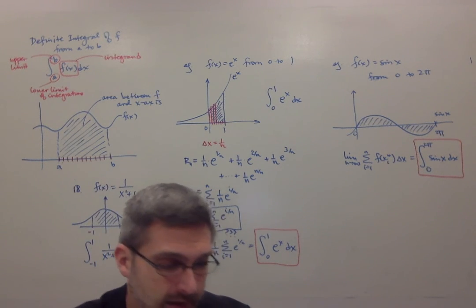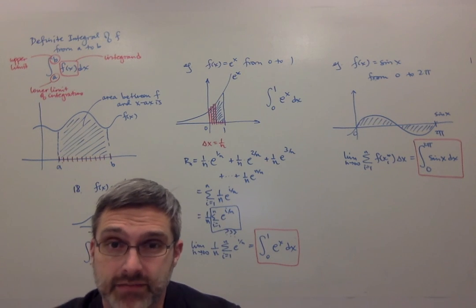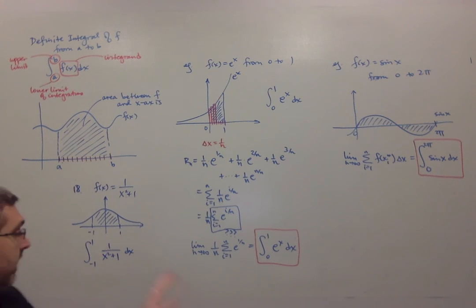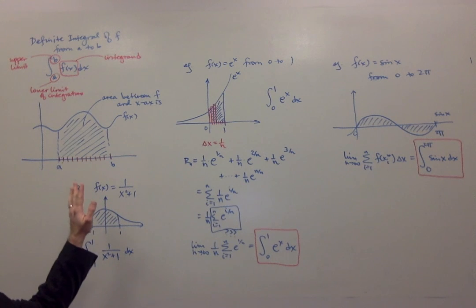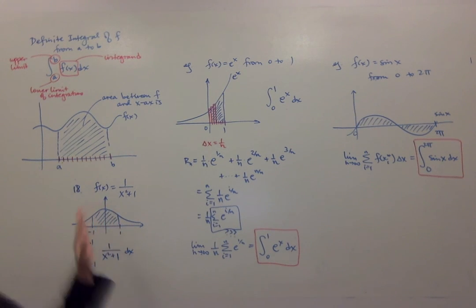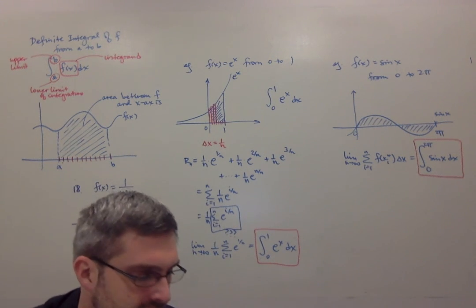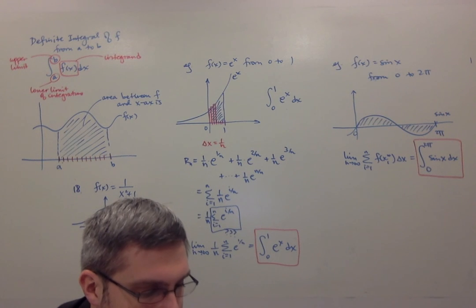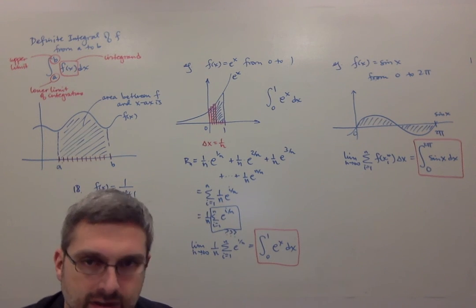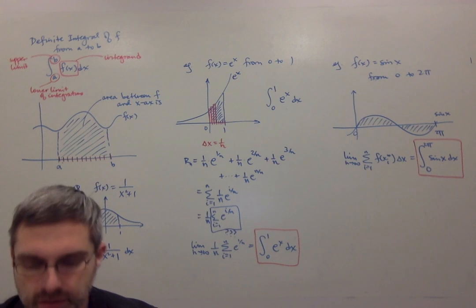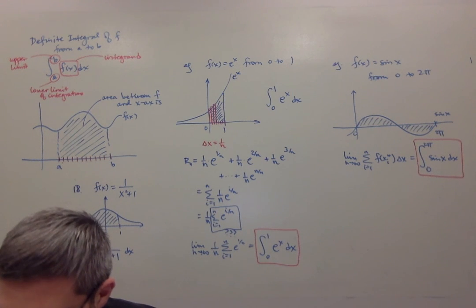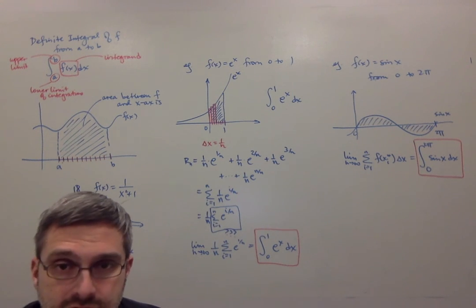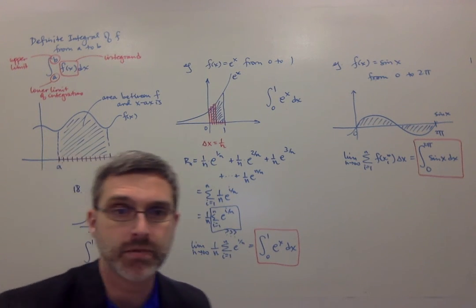It's not supposed to be super complicated. They're not asking here to graph it, cut up rectangles, do all that stuff. So for 15, 18, and 19, all you need to do is set up the actual definite integral. Okay, I think that's it.